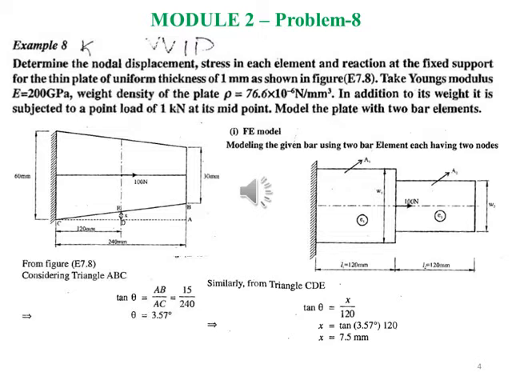So x by 120 is equal to tan of 3.57. So directly the x value we will get is 7.5 millimeters. So at the point D, I can consider the radius as 60 minus 7.5 minus 7.5, that is 45 mm.